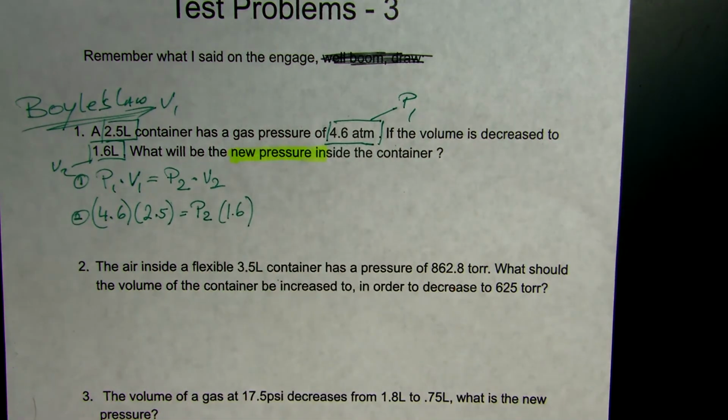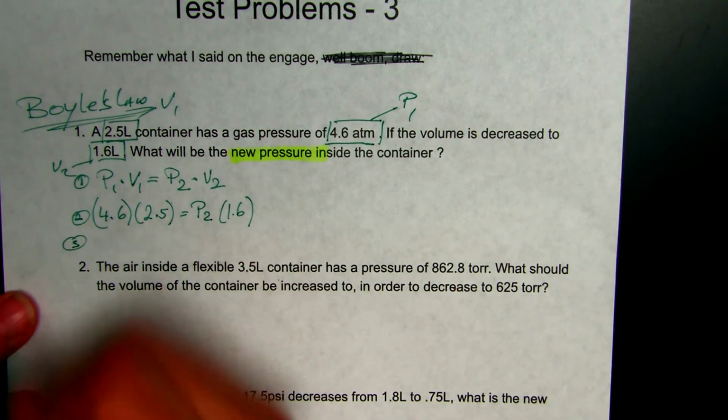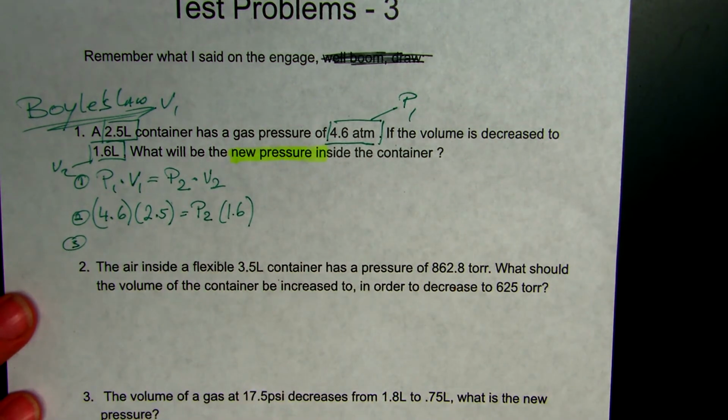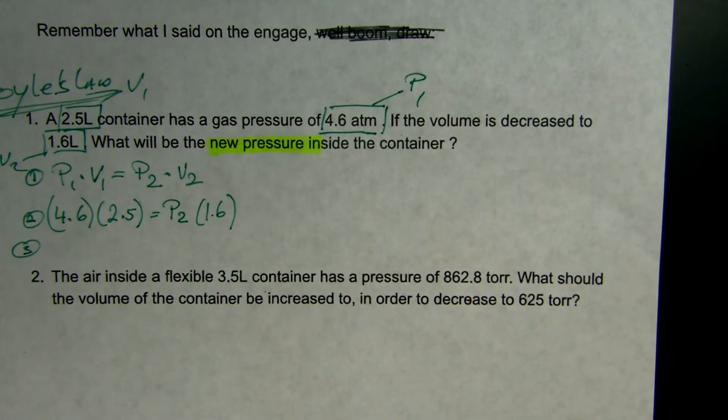Okay, so you have number 1, the formula, number 2, plugging in, and then number 3, how do I rewrite it to solve for P2? How do I solve it?